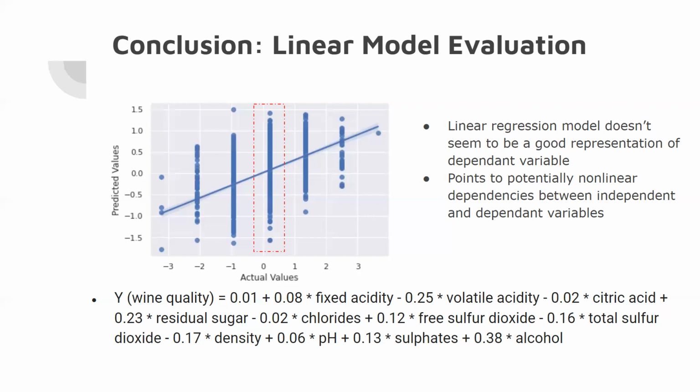But what you see here in the center is the problem with this linear regression model. This is obviously standardized data, with mean of 0 and variance of 1. The challenge is that the actual value you see is 0, which means it is around 5.8, but the predicted values can range all the way from the poor category to the premium category.